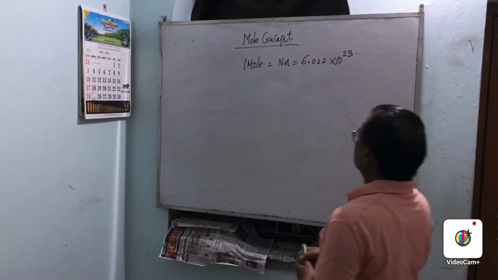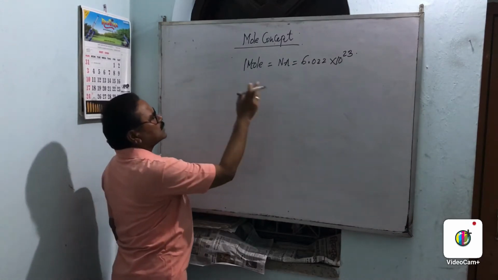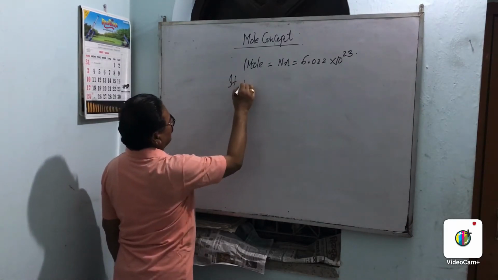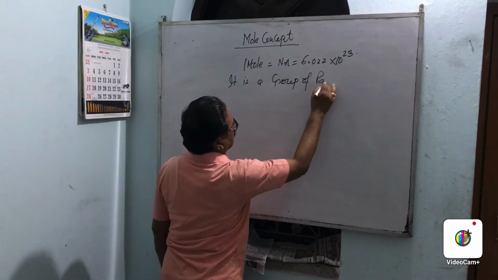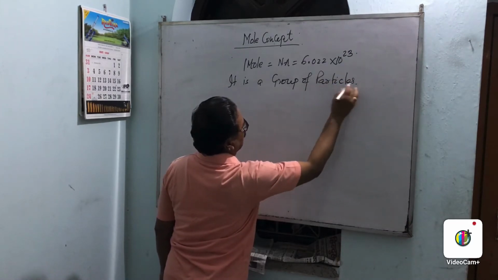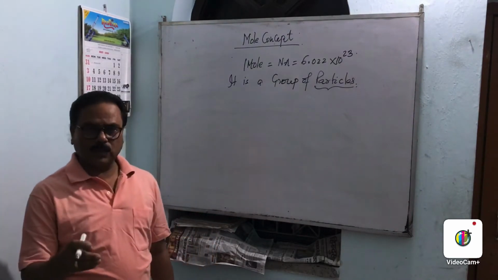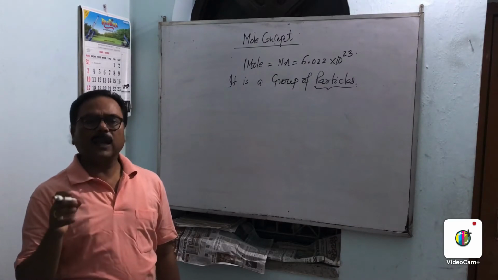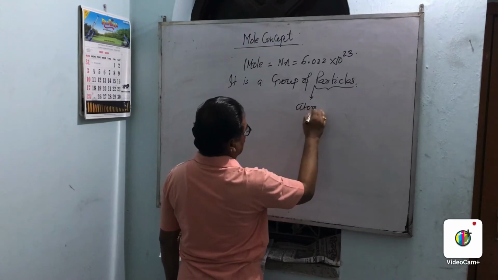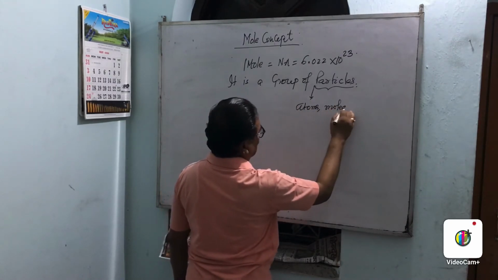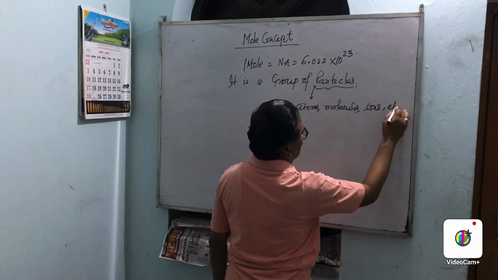So simply we say, mole kya hai? It is a group of particles, and those particles may be atoms, may be molecules, may be ions, positive or negative, may be electrons.